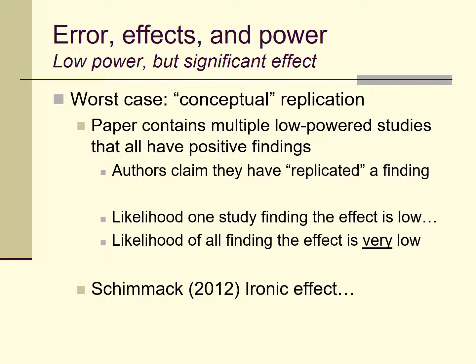But as I see it, the worst case scenario is you have a paper that includes multiple studies, all of which are rather low in power, and some of them are called conceptual replication. So in the first study that the authors report, they find some sort of an effect, and then they repeat the analysis with a new sample and try to manipulate the predictor variable in some other way, or try and observe a relationship between the predictor and the outcome variable in some other way that's maybe loosely or not so loosely associated.